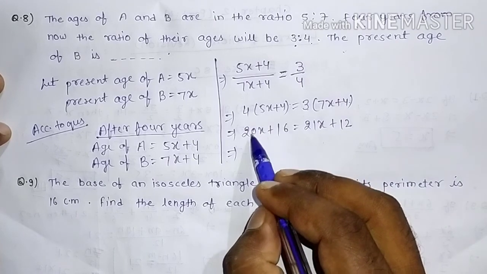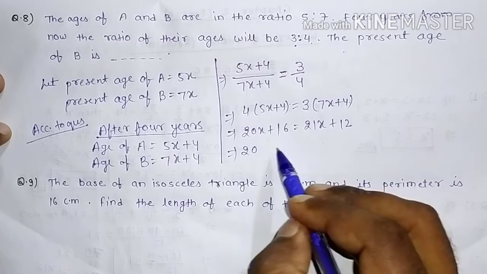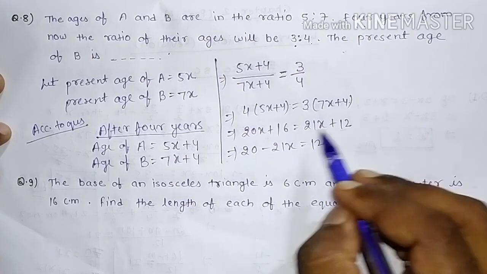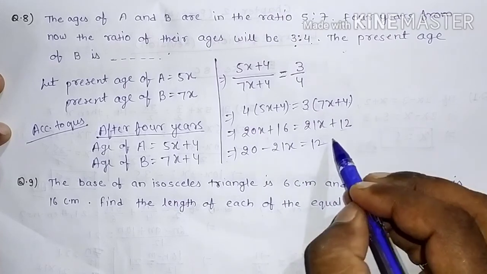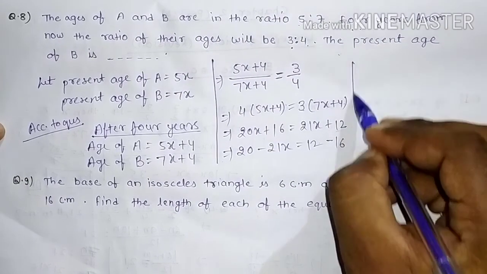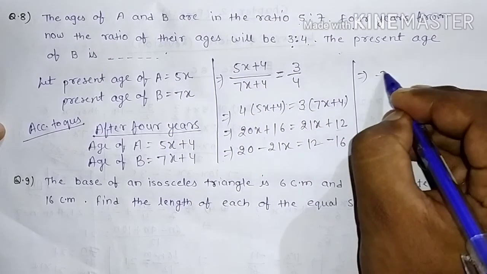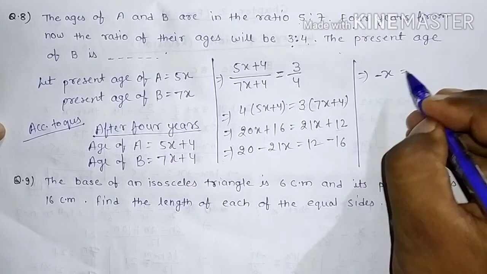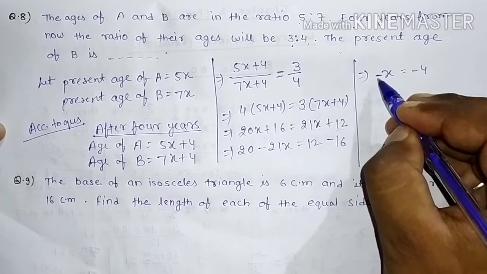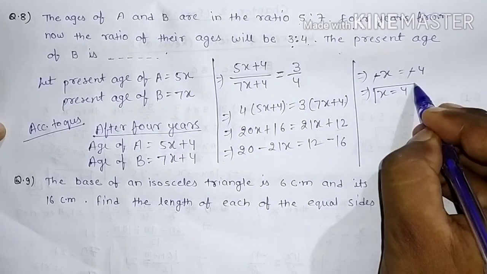So the variables 20x and 21x come to the LHS, so it becomes minus 21x, equals 12, and 16 goes to the RHS, so it becomes minus 16. Now 20x minus 21x is minus x, equals 12 minus 16, that is minus 4. Minus and minus cancel out, so x equals 4.